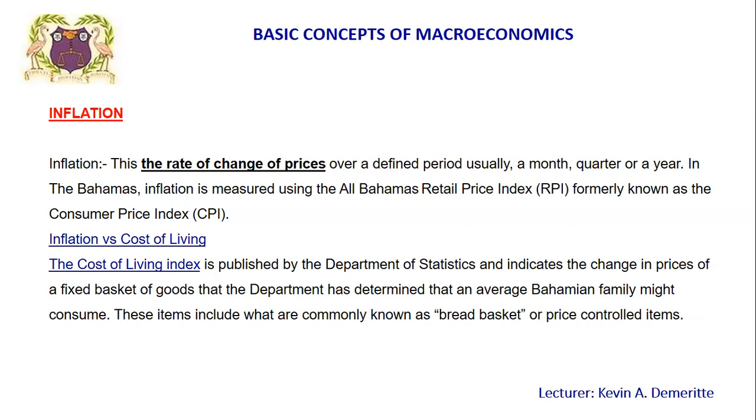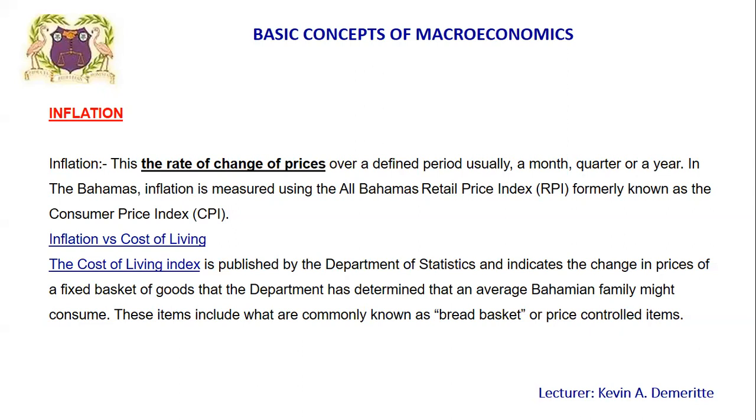But you may also see it as a CPI, Consumer Price Index. Both are used interchangeably, and both mean exactly the same thing. That's inflation. So when you see or hear about the inflation rate, that's what we're talking about. The rate of change of all prices.